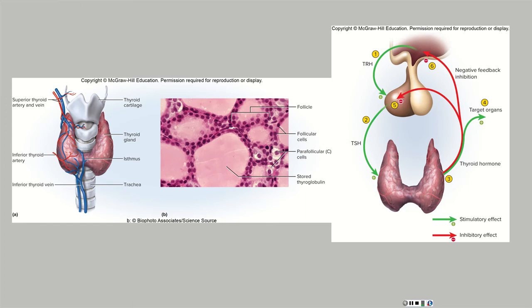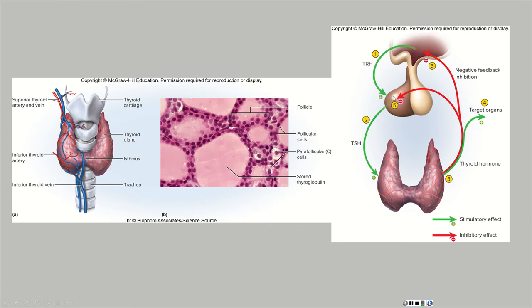So we've already said that the stimulus for thyroid hormone is TSH, and it is inhibited by a lack of TSH. Now, right over here on the right, this might have even been something that you saw back in Bio 137 briefly, but here is what we were just talking about on the previous slide. Here's the hypothalamus releasing TRH.